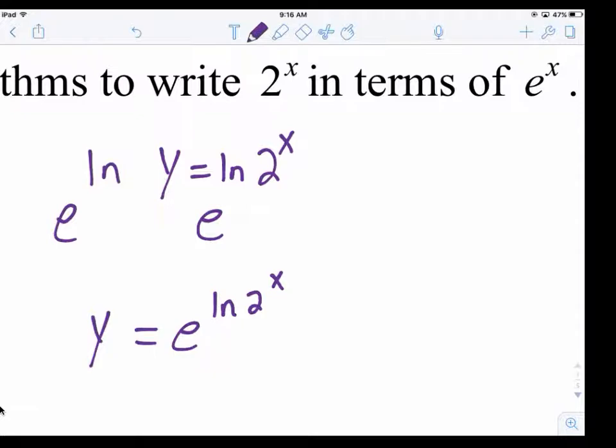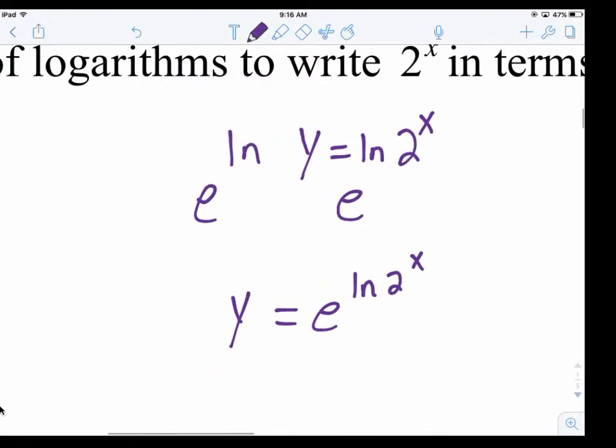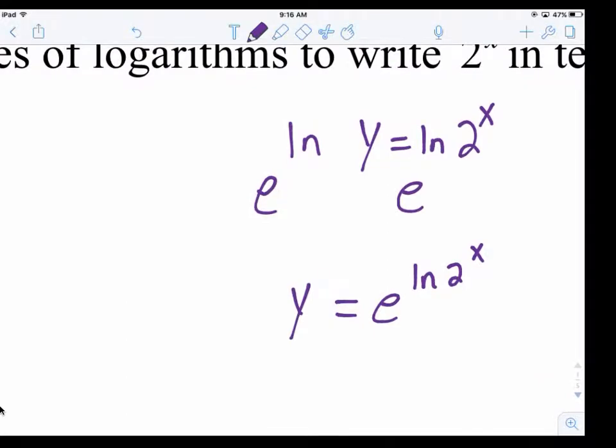Right, so now when you take the ln of an exponential, say ln of a to the x, what can you do with that exponent? Bring it out front, right? You can bring that exponent down.